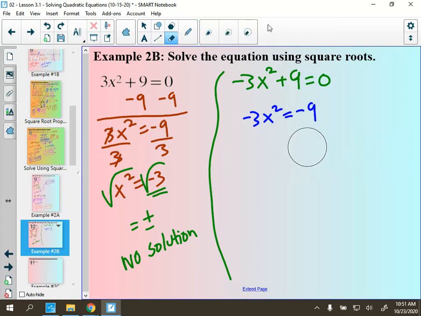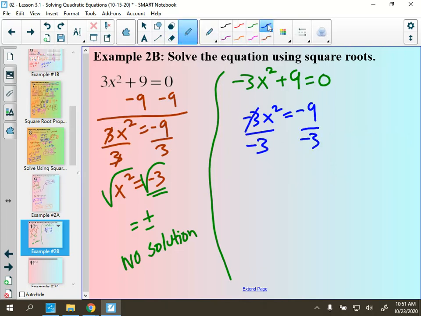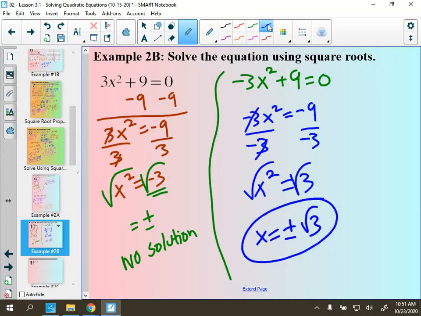But actually, what would we do? We'd be dividing both sides by -3, and then all of a sudden, x squared equals +3 again. I square root: x equals plus or minus square root of 3. So just be careful that you don't too soon say there's no solution just because there's a negative number over here. If it ends up turning back to a positive value, we'd finish the problem.